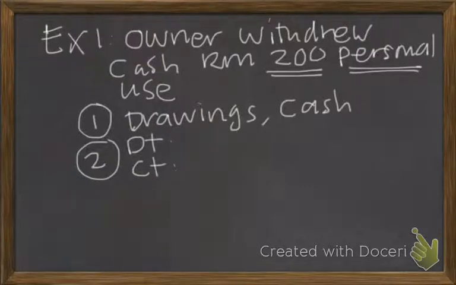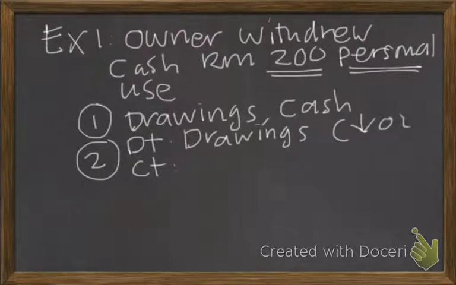You should debit the drawings account, because drawings reduces the owner's equity. Whatever reduces the owner's equity should be recorded on the debit side. For the credit side, we record cash.